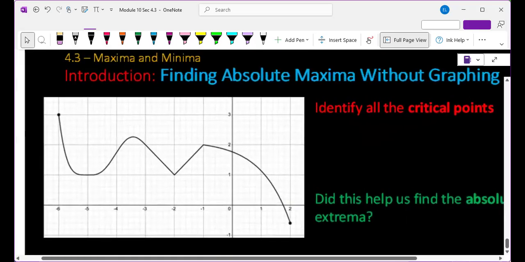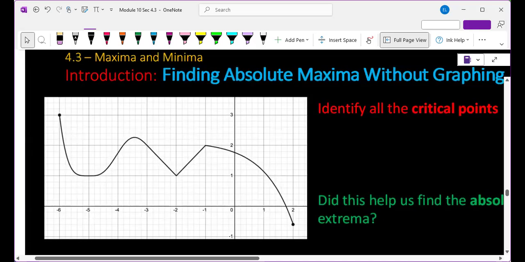All right. So looking at this craziness, let's mark some critical values. Where is my slope 0? It's kind of weird, but it's flattening out there around -5. And then over here, it looks like I've got a slope of 0.